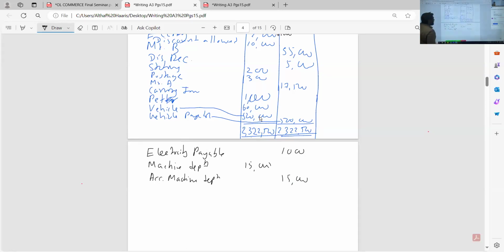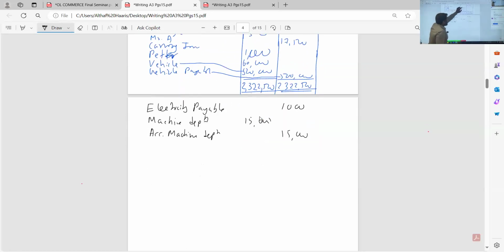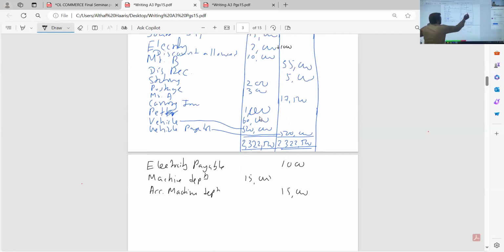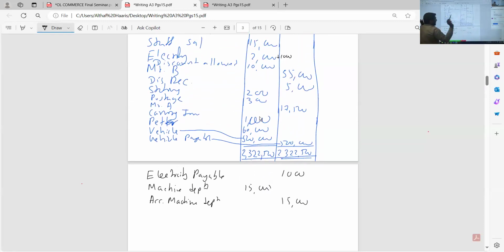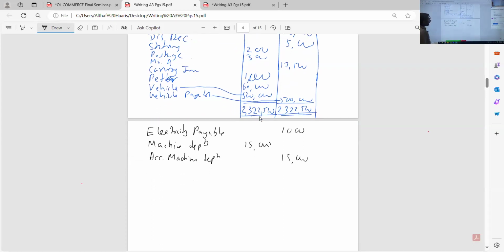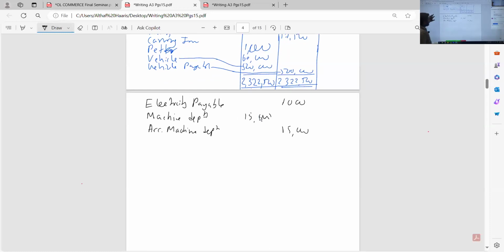You see, people: debit, credit, debit, credit. Next, you have the vehicle, 500,000, at 10%. 500,000 at 10%, tell me the value.